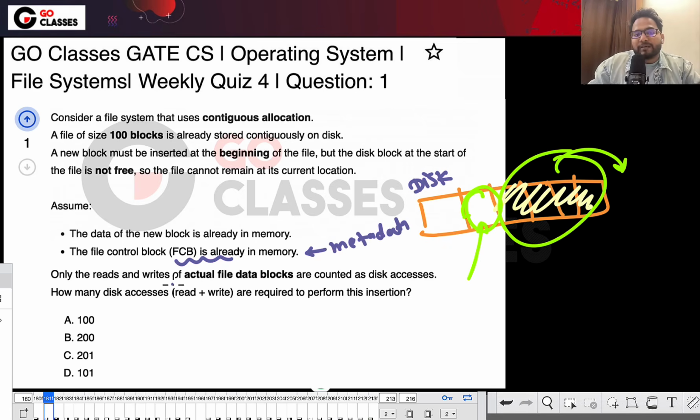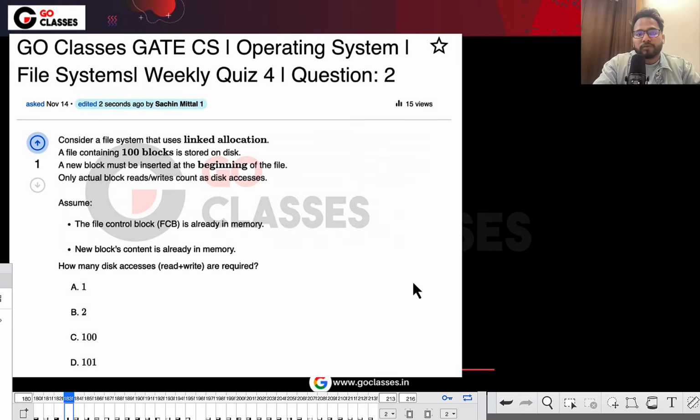Now, only reads and writes of actual file data blocks are counted as disk access. You might be modifying or reading the metadata, but that is not a concern for this question, nor for the many more such questions we will do.